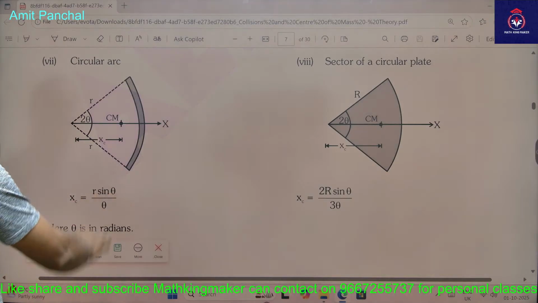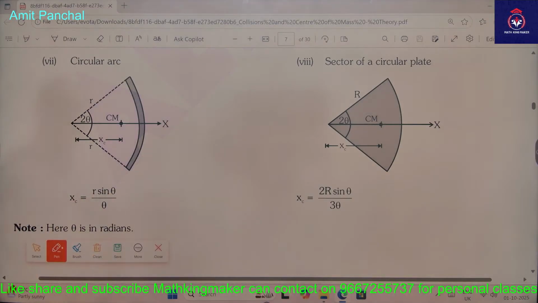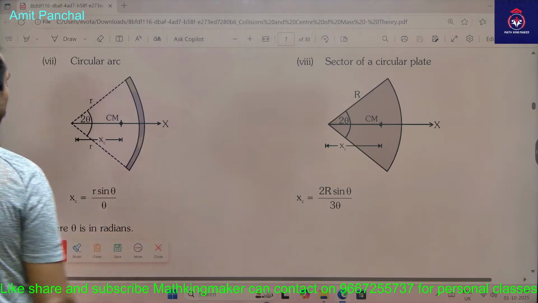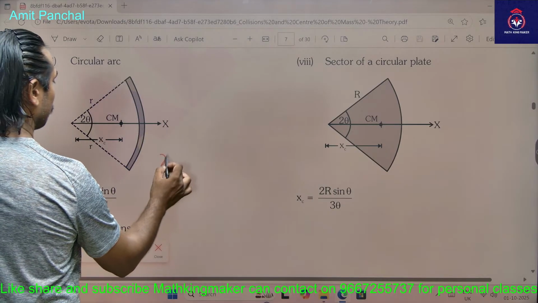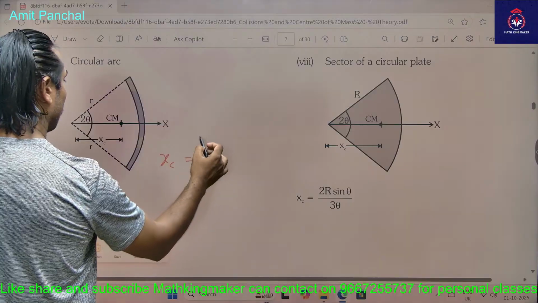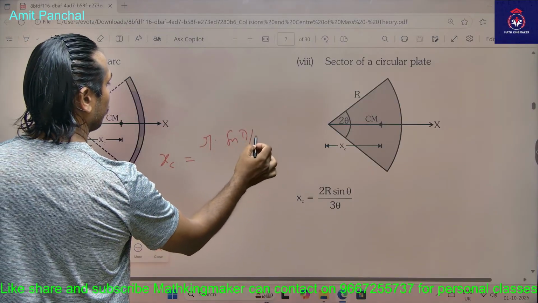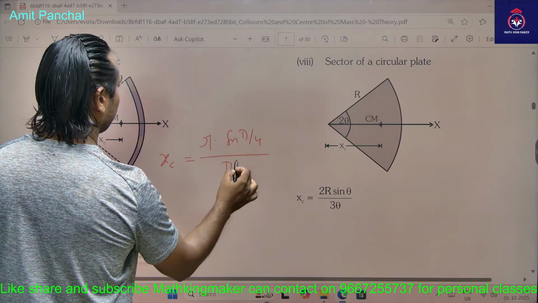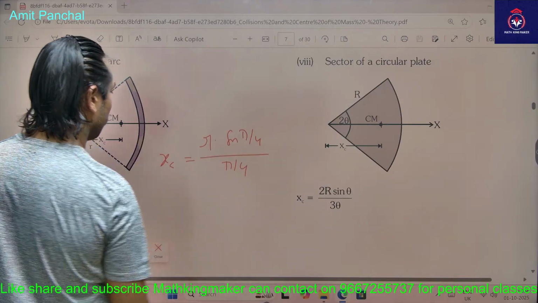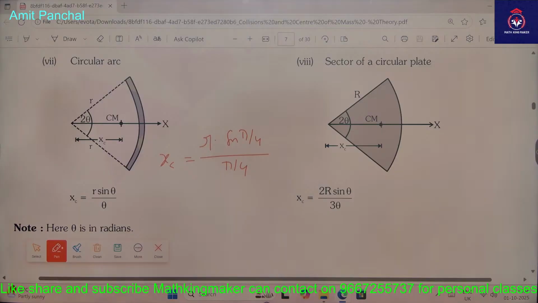So xc will be r sine theta by theta. Your xc will be r, sine pi by 4, and theta is pi by 4. So like this you need to find its center of mass.